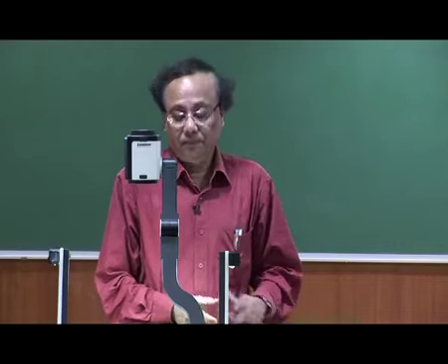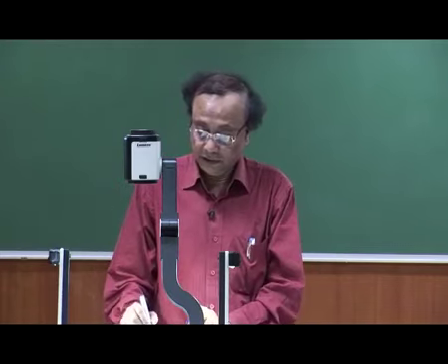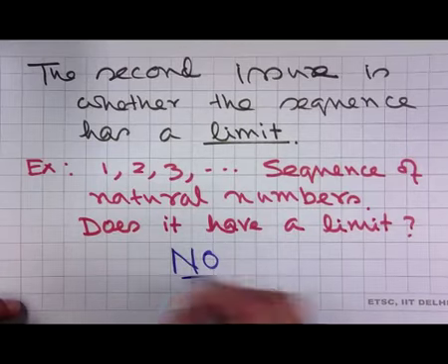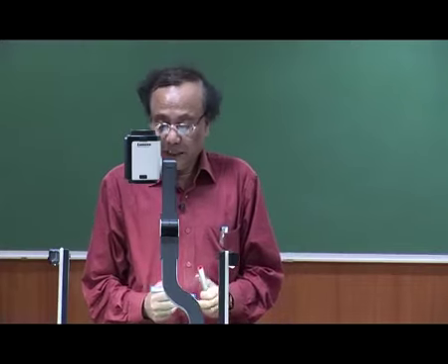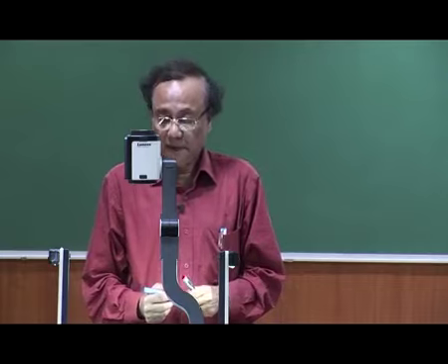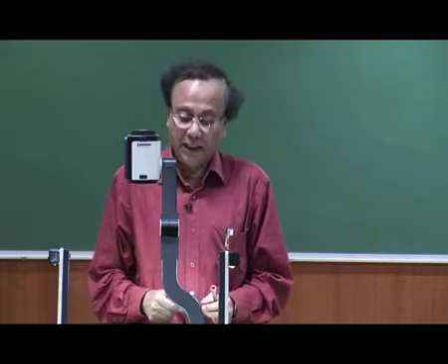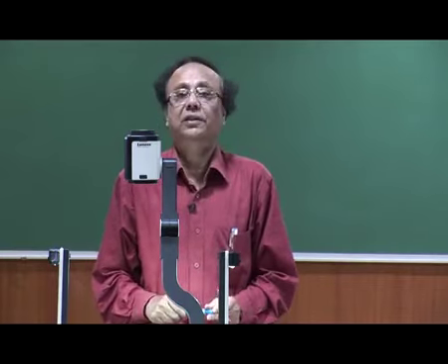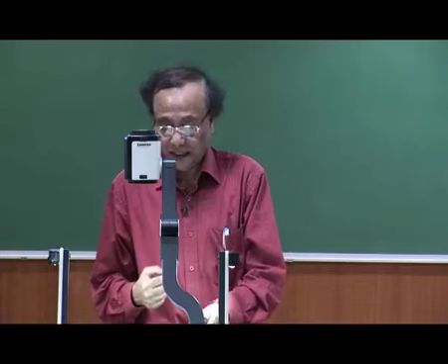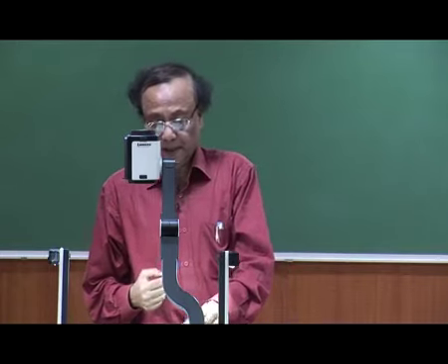You all know that the answer is no. You can give me any number capital N, I will show that I can find an integer that is bigger than that.